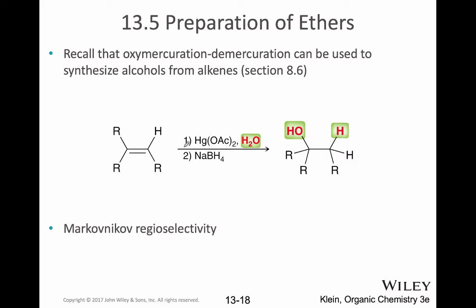So the way this works is you have the double bond here. The double bond will react with the mercury acetate to make the mercurinium ion.